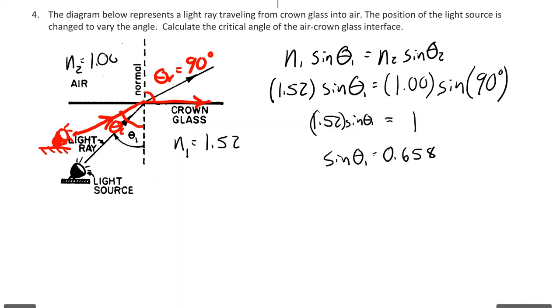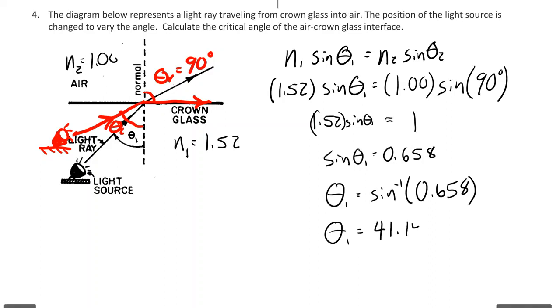0.658 when you round it. But don't round it, leave the decimal long in your calculator, and we're going to do the inverse sine of both sides. So sine to the -1 of your answer. Second sine, second answer is what you type in your calculator. And you get a critical angle of about 41.14 degrees when you round it.